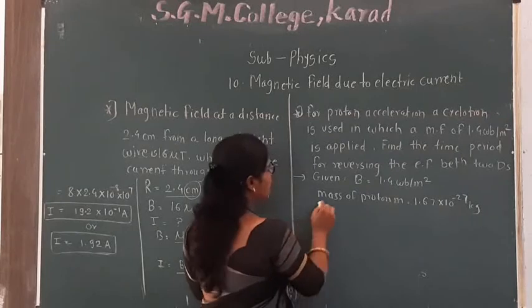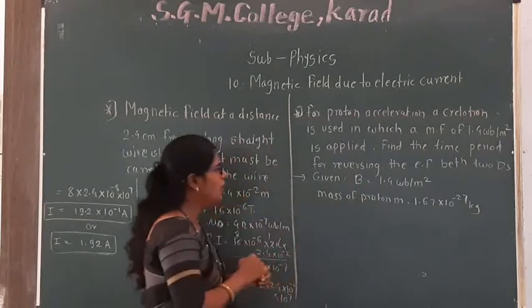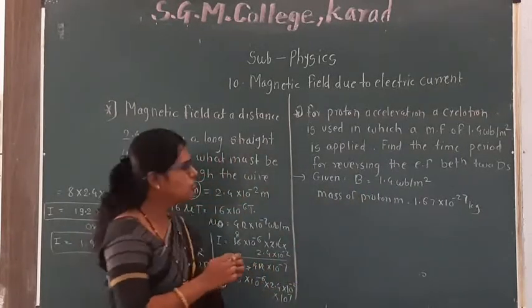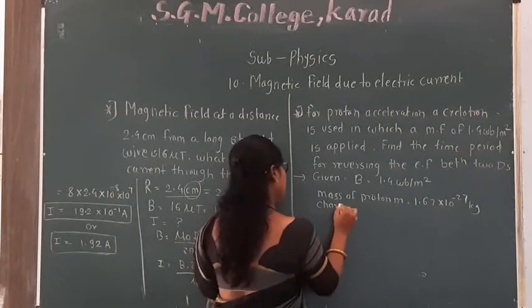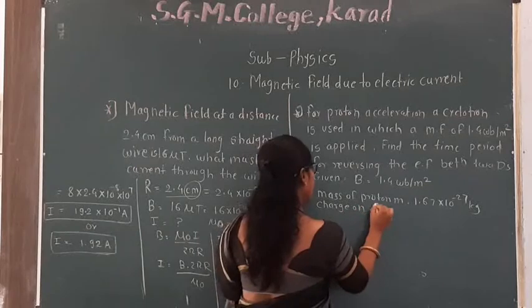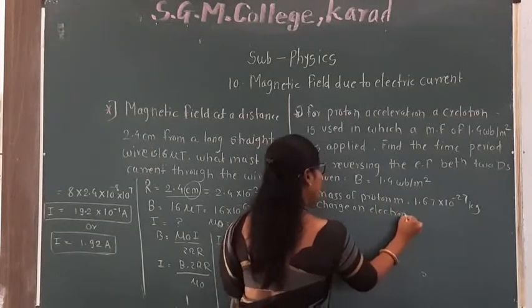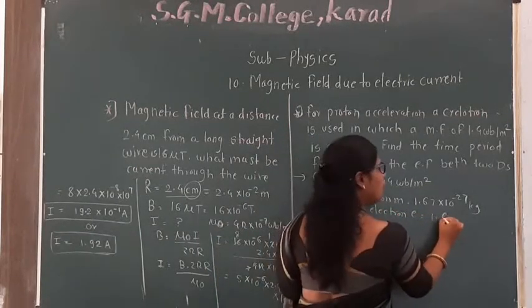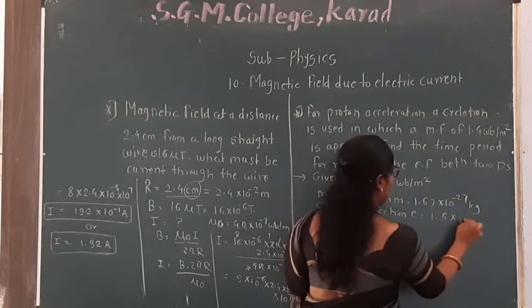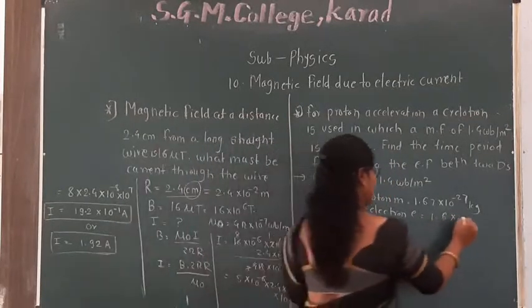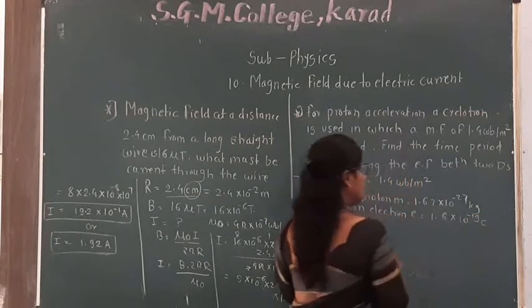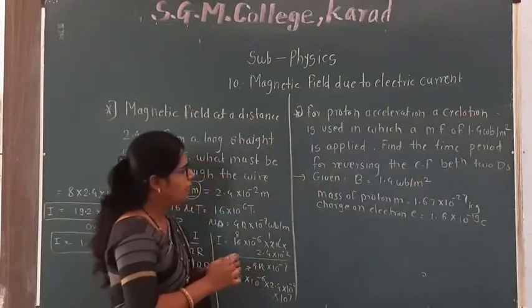Magnetic field is also given, and the mass of proton is here. Charge on electron e is equal to 1.6 into 10 raised to minus 19. This value also all of you know.